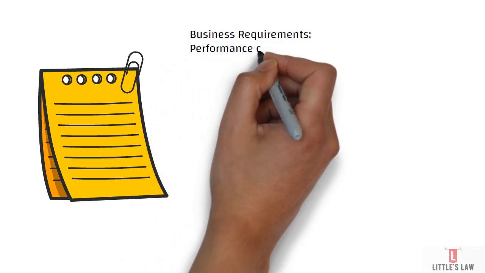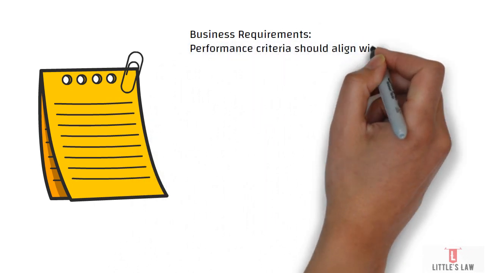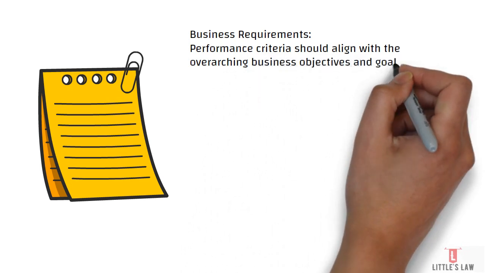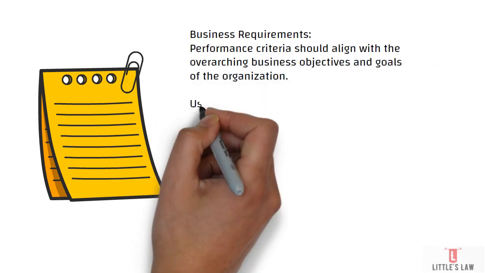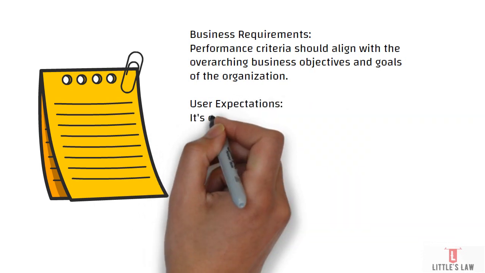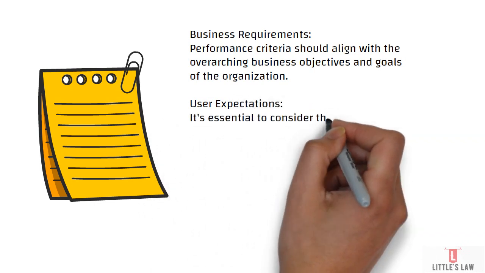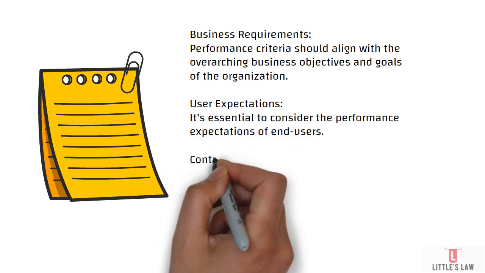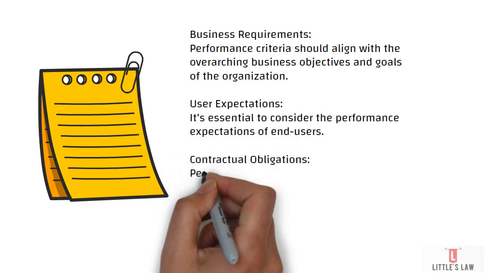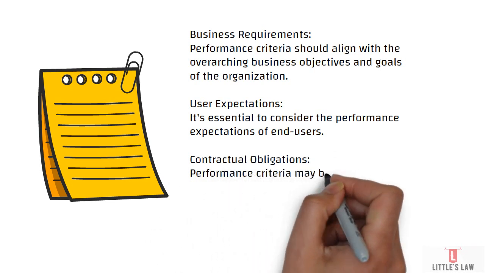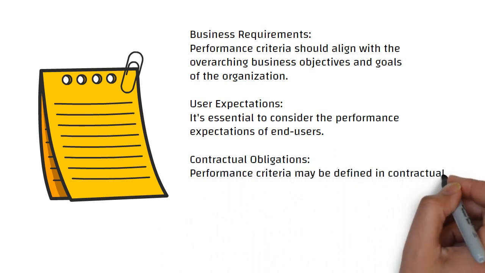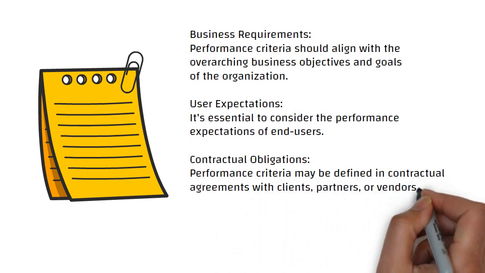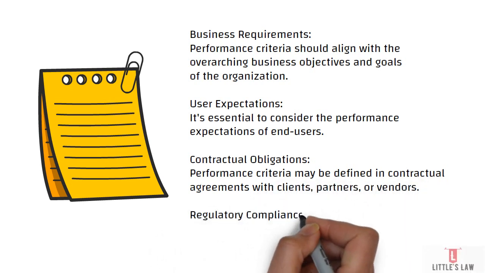Understanding the business requirements will help us ensure that the performance testing efforts are focused on areas that directly impact the business success. For an example, suppose we are developing an e-commerce platform. One of the business requirements is to ensure that the website can handle a high volume of simultaneous users during peak shopping seasons like Black Friday without crashing. So that's the business requirement.